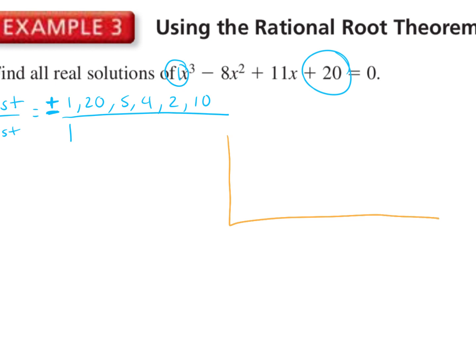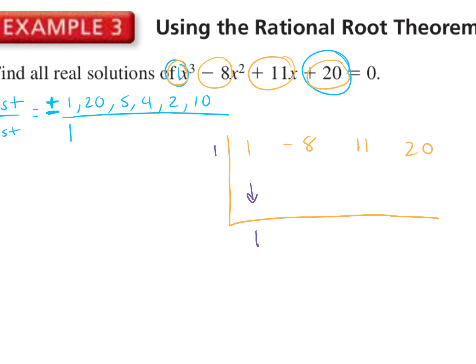What's going to go inside the box? 1, -8, 11, and 20. The coefficients of our polynomial. Now we need to test a number, so we can test any one of these numbers. What number do you want to test first? Let's test 1.